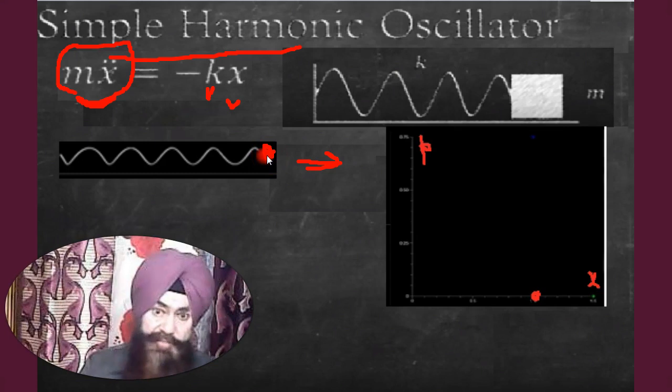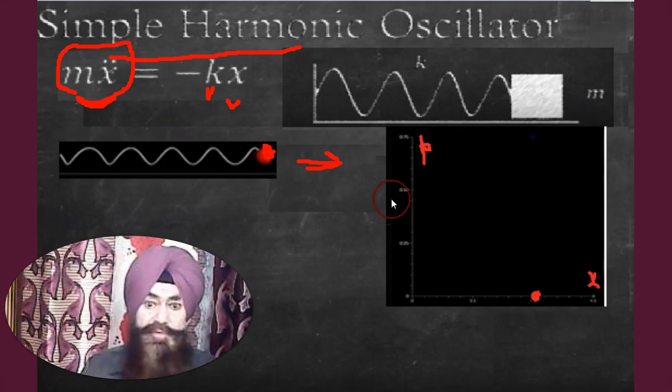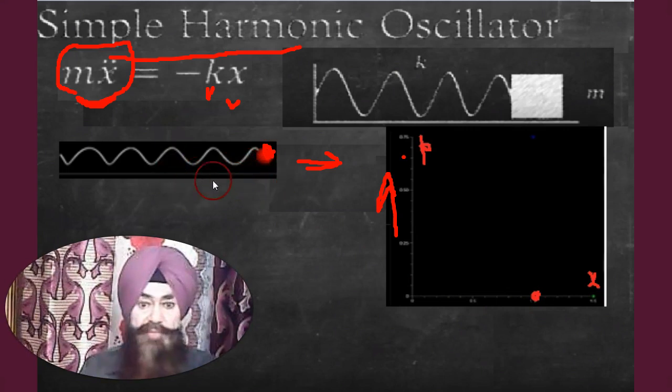At rest means it has no velocity or momentum, so the momentum is 0. We are on the x-axis, and from the mean position, the mass is at some distance, that distance being from here to here.